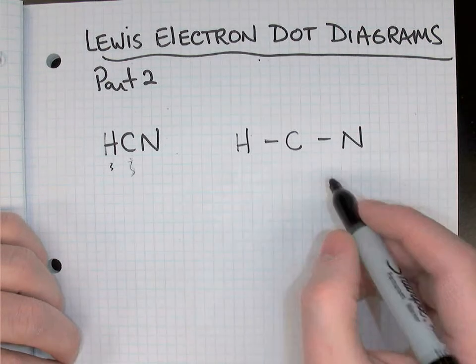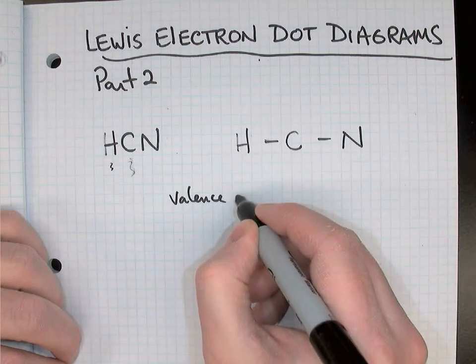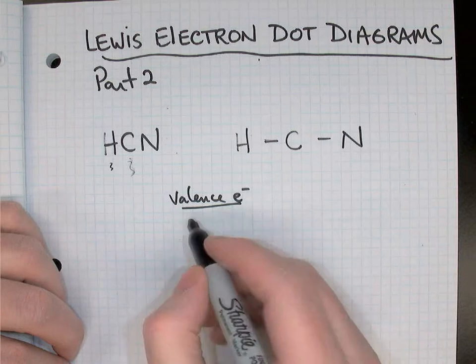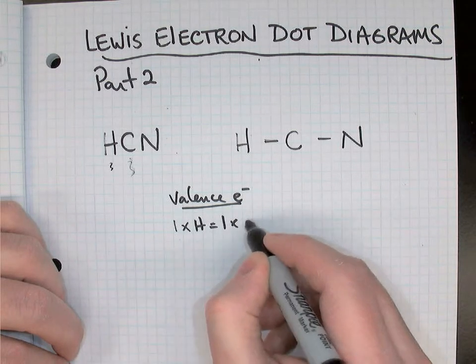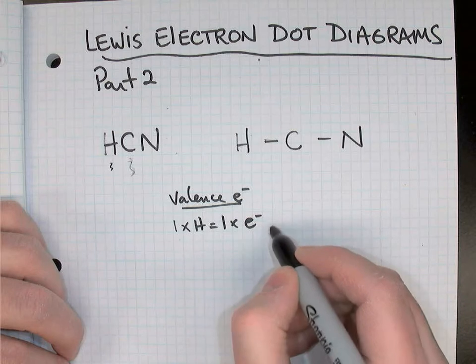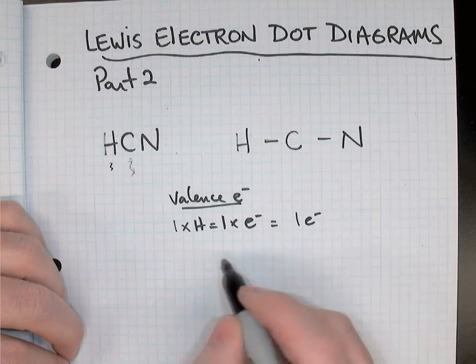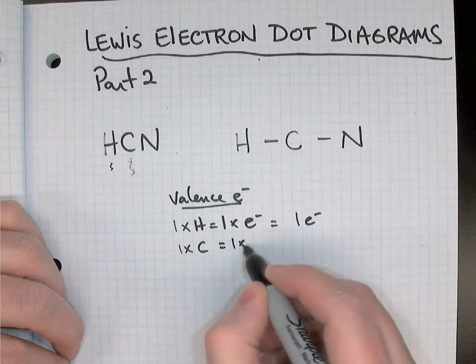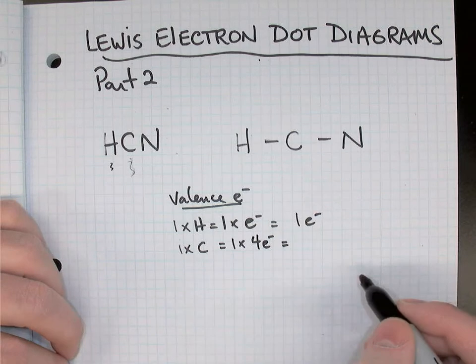So we count our valence electrons, do an accounting of them. These are the electrons involved in bonding. The hydrogen atom is one of them. On the periodic table, there's one valence electron for hydrogen, so we have one electron from hydrogen. We have one carbon atom in this molecule, so there's 4 valence electrons per carbon atom.